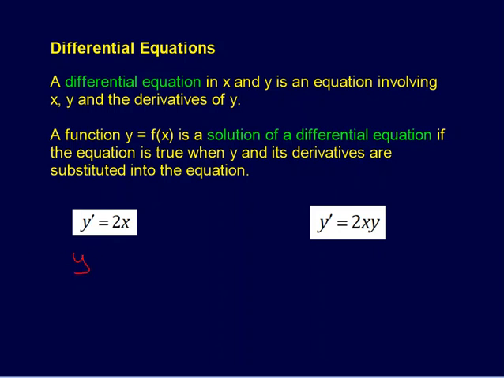We know 2x is the derivative of x squared. So I'll just change the color here. We probably should already know x squared, or x squared plus any constant, is the function whose derivative is 2x. And so we would call this the general solution to our differential equation.